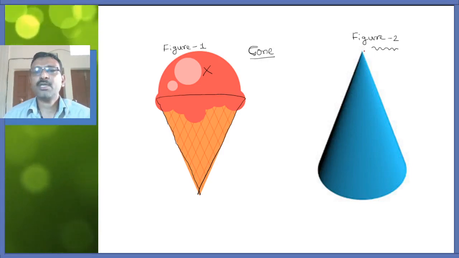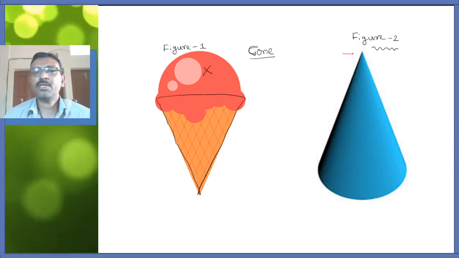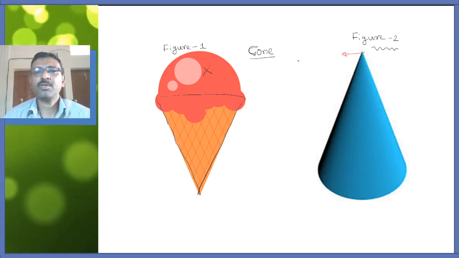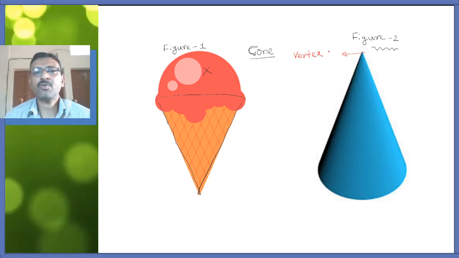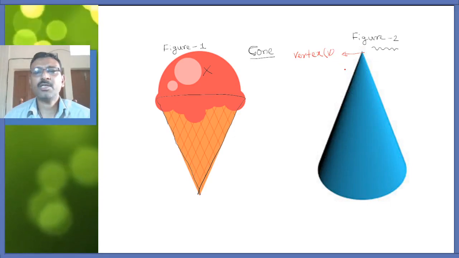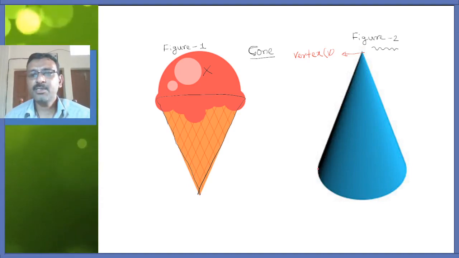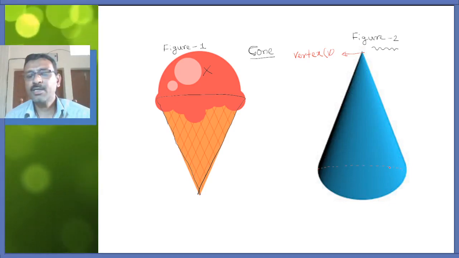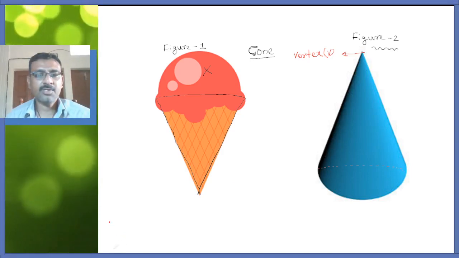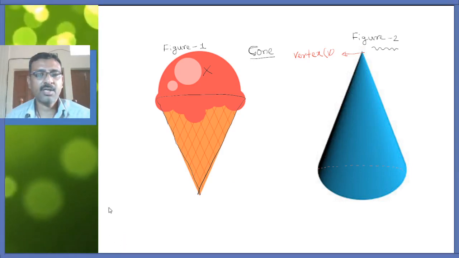This sharp edge is called the vertex. The vertex of the cone is generally denoted by V. Here is the base. Here the base is like a circle.